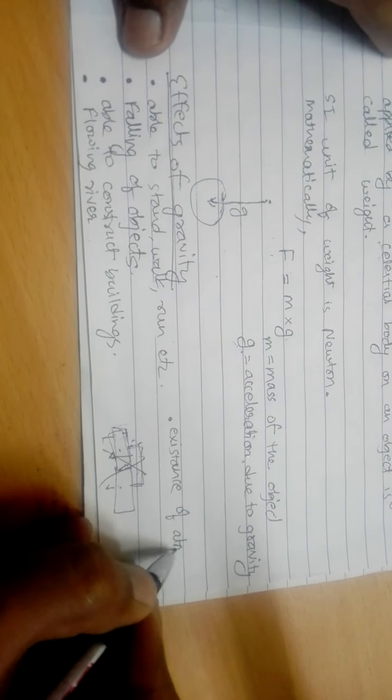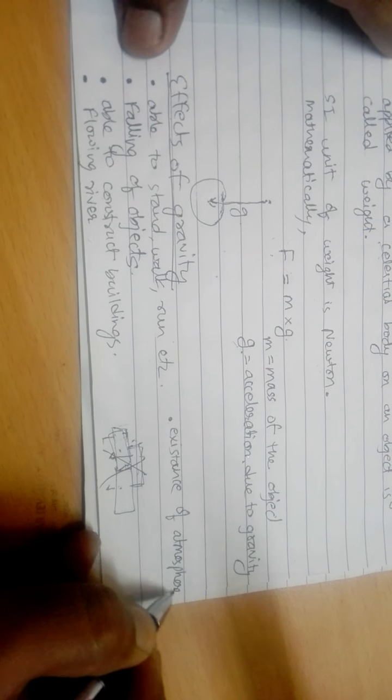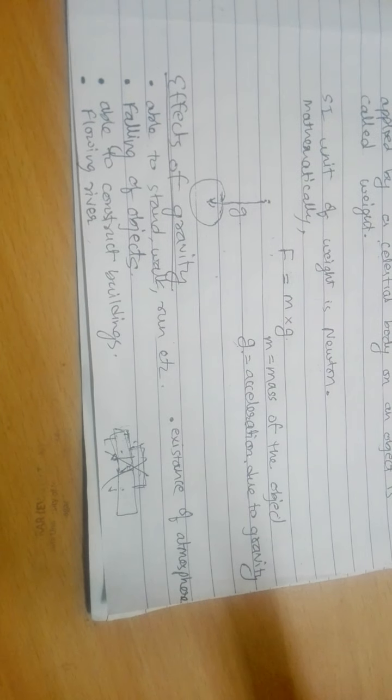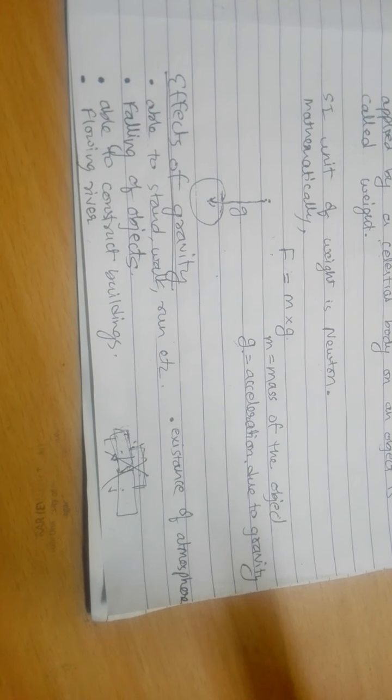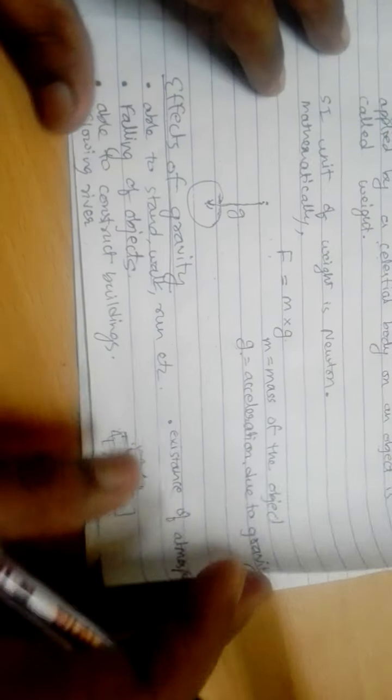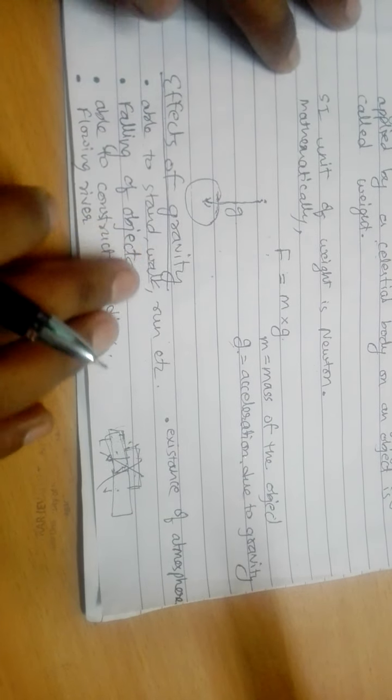Earth has atmosphere all because of gravity. If there was no gravity, then all the air of earth might simply escape the earth and diffuse into space. So these are some useful effects of gravity, which are essentially useful for humans.